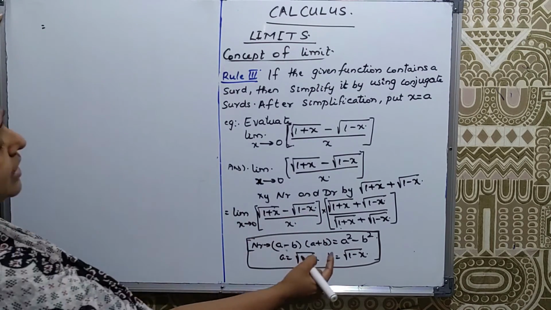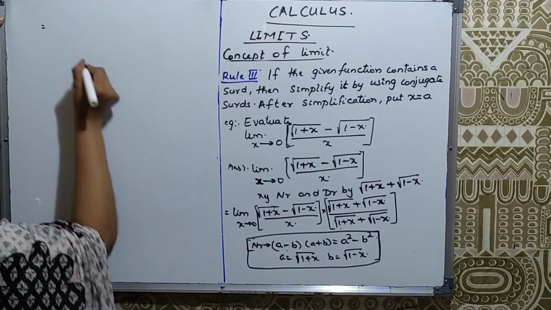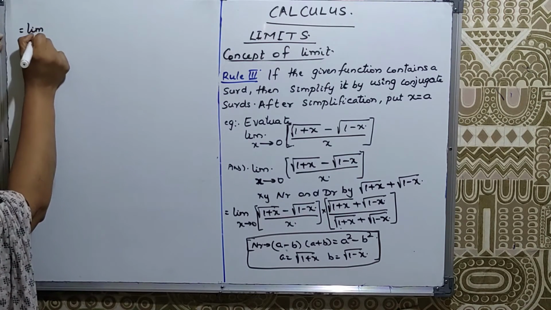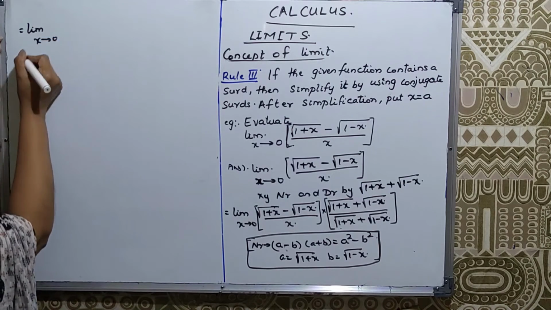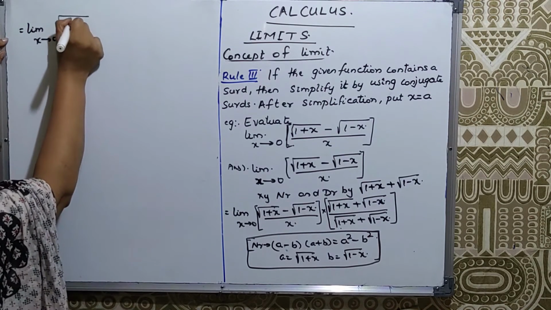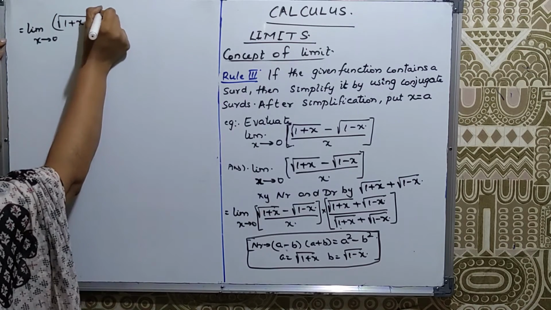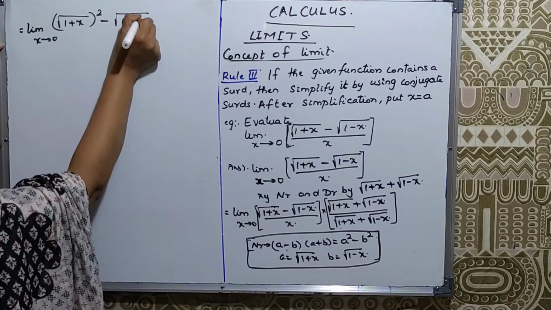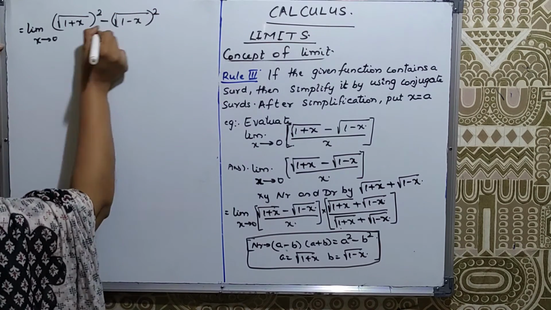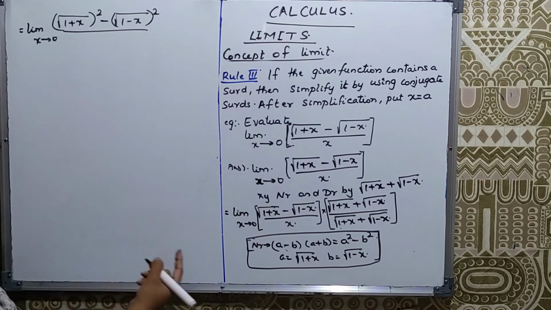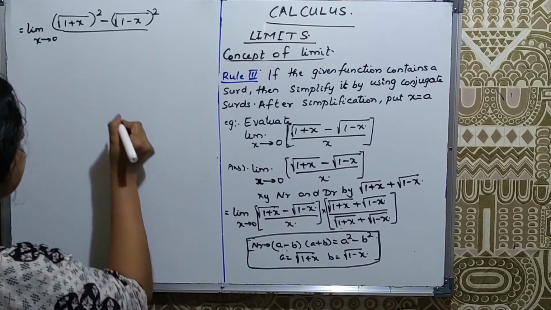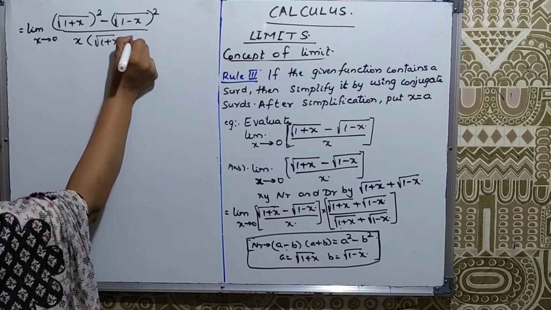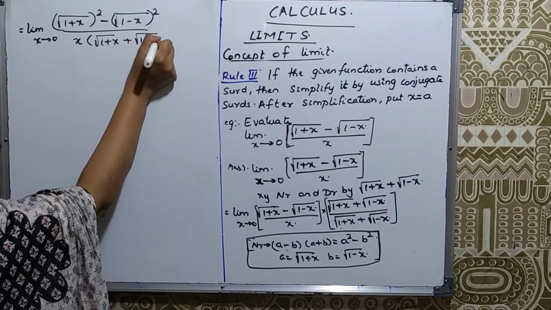Now we will multiply the numerator. So answer will be limit x tends to 0, (root of 1 plus x) whole squared minus (root of 1 minus x) whole squared. So a squared minus b squared divided by this denominator full will write like that, x into (root of 1 plus x plus root of 1 minus x).